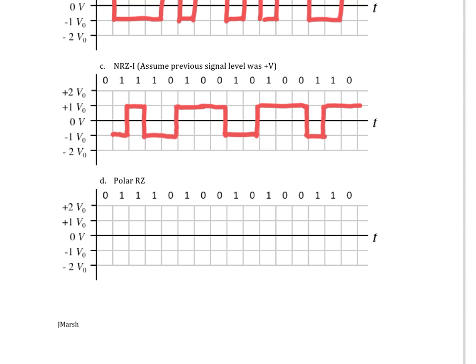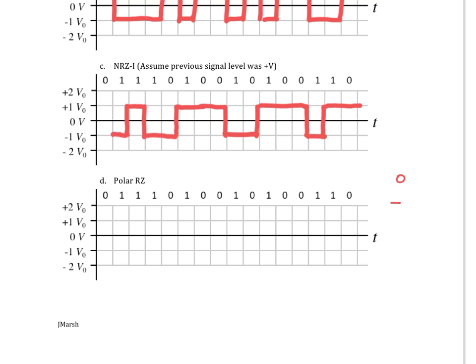This one I'll use a little bit narrower pen on, because this one is an RZ, and RZ means that we're returning to 0 in the middle of the bit period. And this polar RZ has a rule that a 0 transitions from a minus voltage to 0.